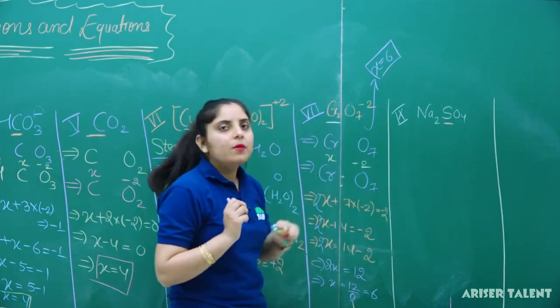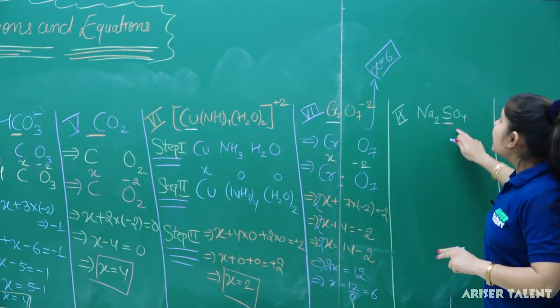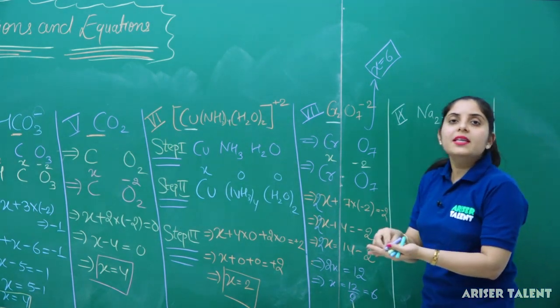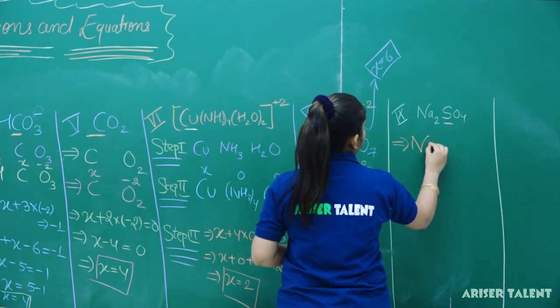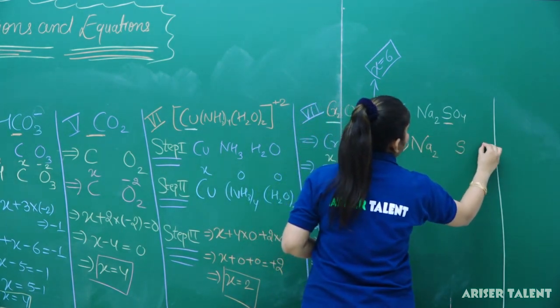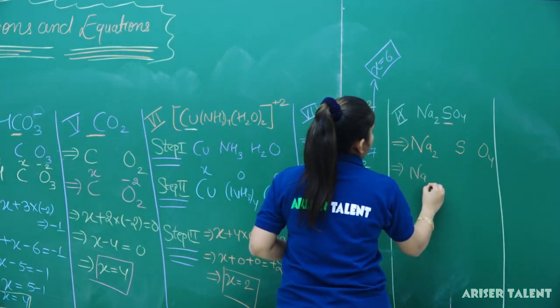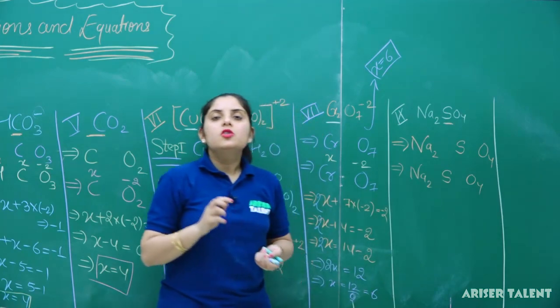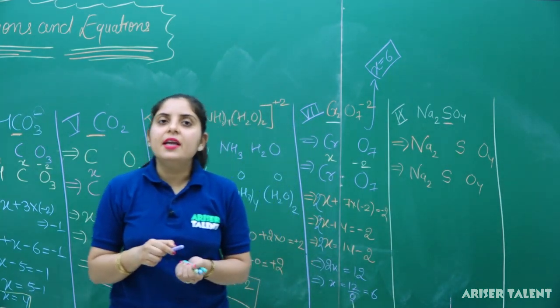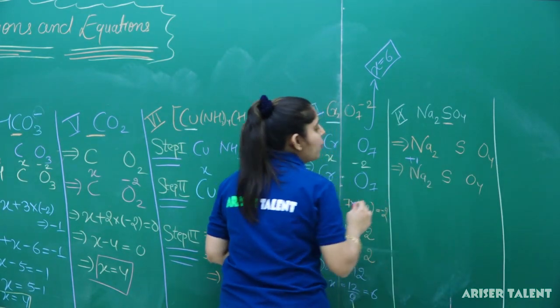Now coming to our next element, we have the last element in this series, that is sodium sulphate. So in case of sodium sulphate, we will repeat the following steps. Na2 here, S here and O4 here. Now sodium is considered in the category of alkali metal and alkali metal has a charge of +1 on it.